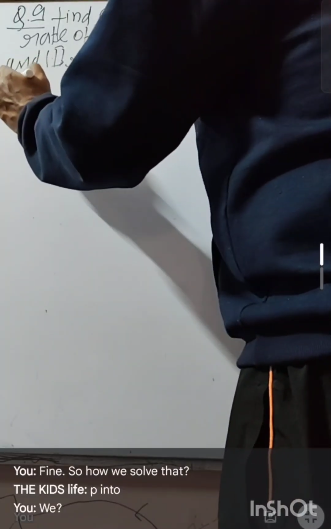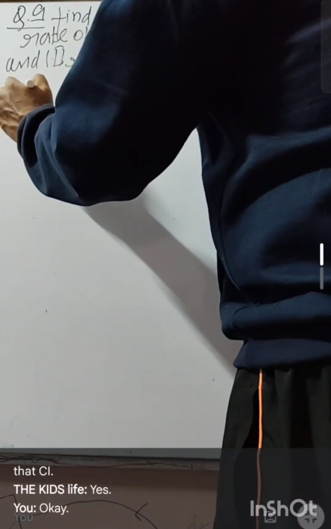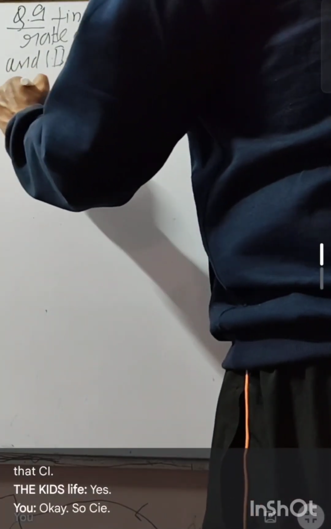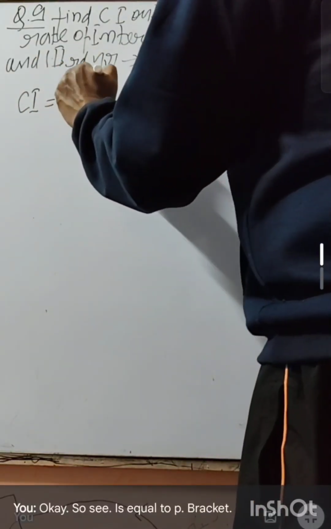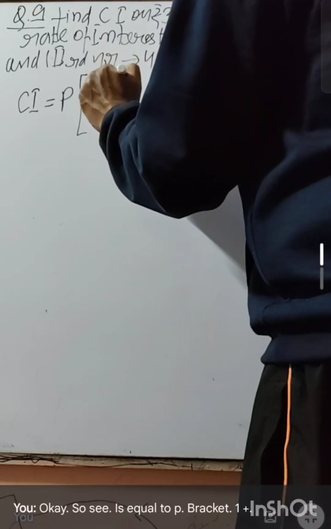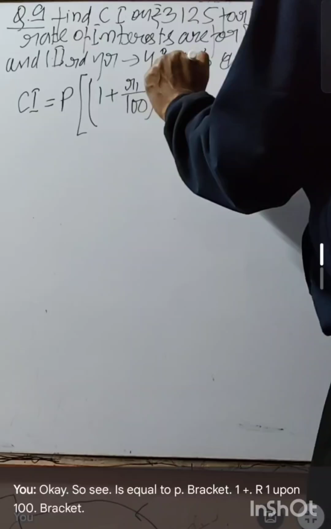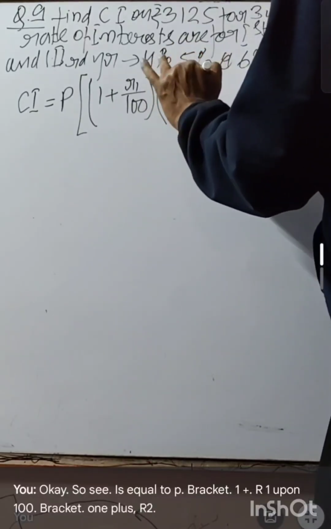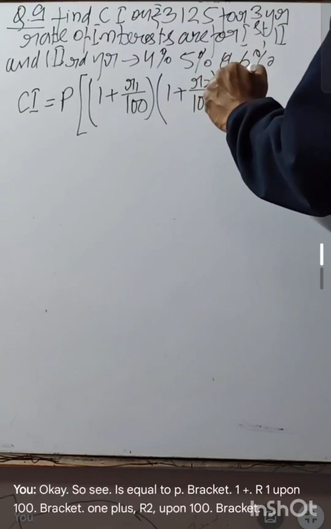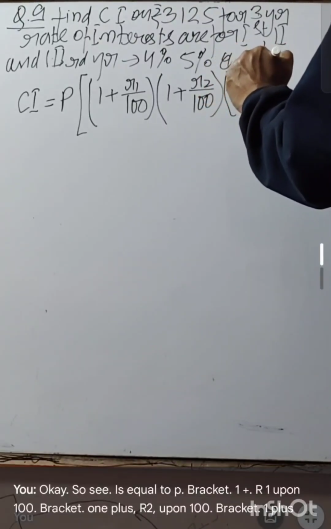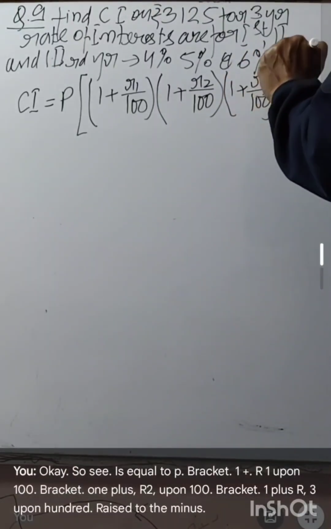We have to find the CI. So CI is equal to P into bracket 1 plus R1 upon 100, bracket 1 plus R2 upon 100, bracket 1 plus R3 upon 100, minus 1.